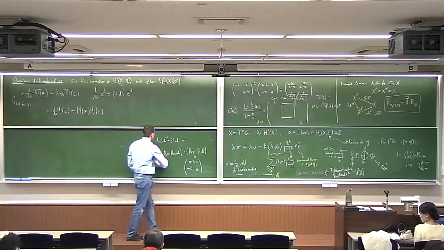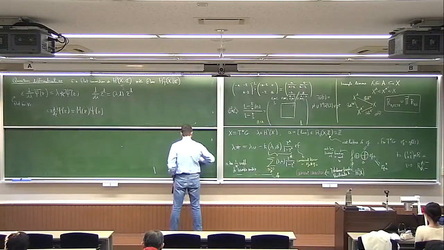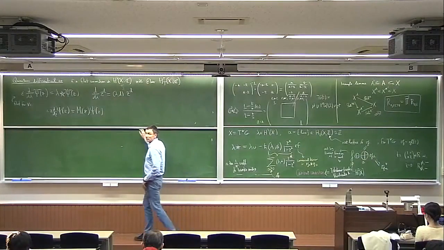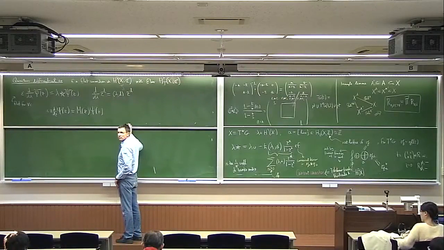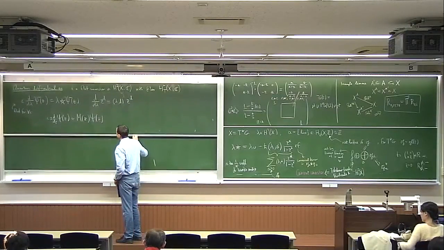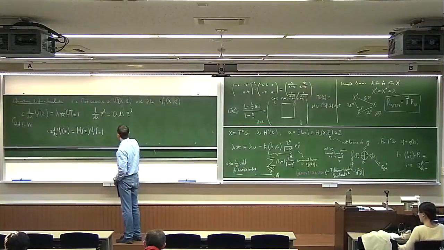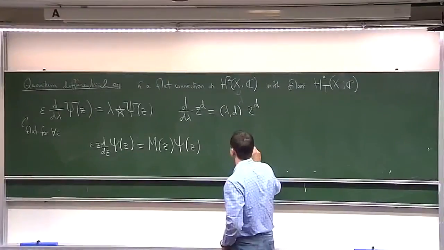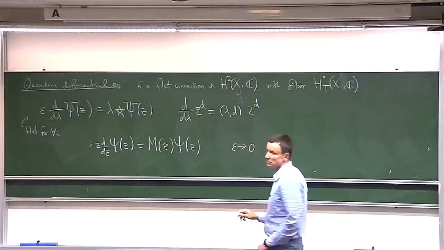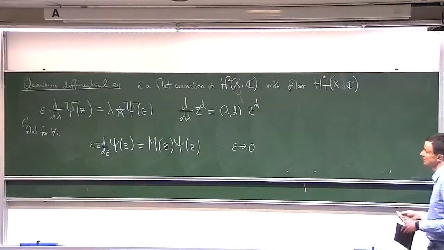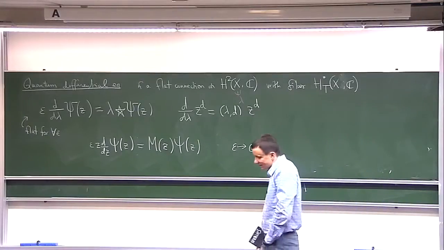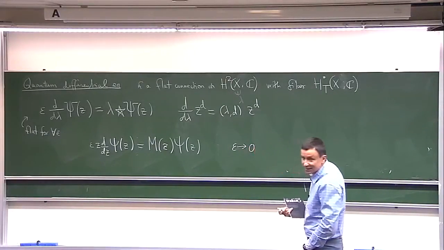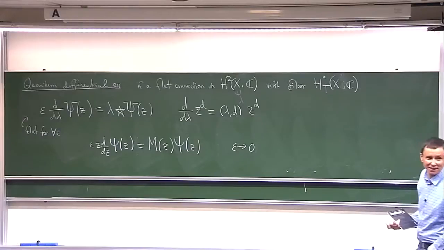So if I have an equation like this, and I send epsilon to 0, it's like a basic asymptotic problem in all of analysis.